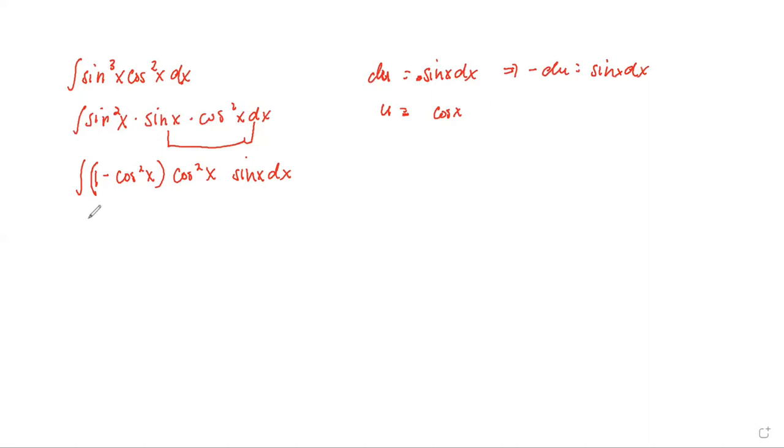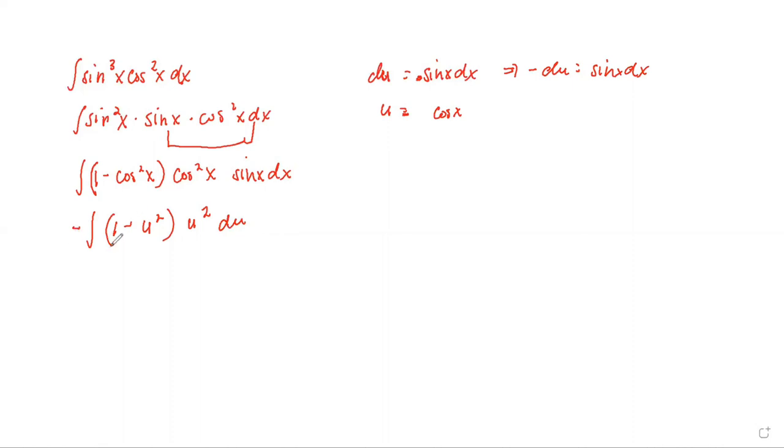So by substitution, we will have here 1 minus your cosine squared x, that will be equal to 1 minus u squared, multiplied to u squared. Then sine x dx, this is equal to negative du. Therefore, you will have here the negative du.